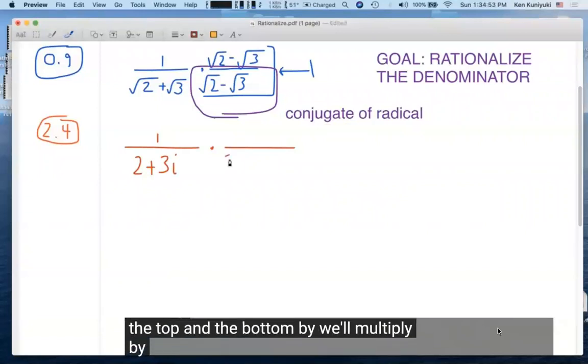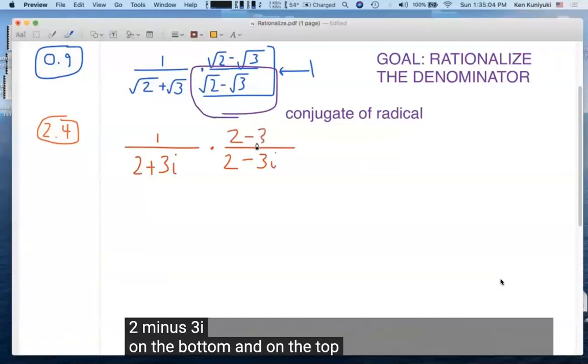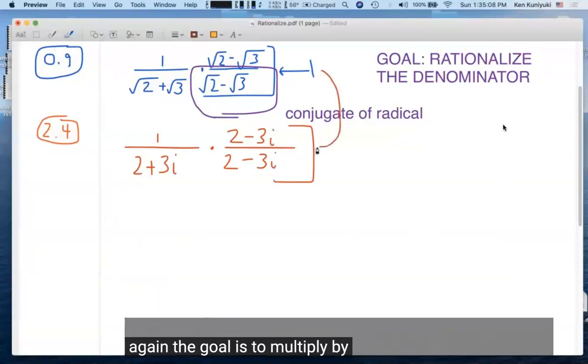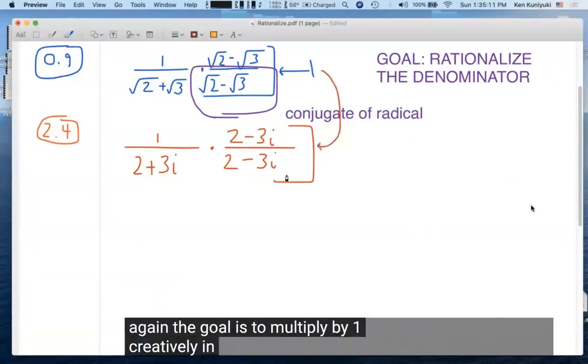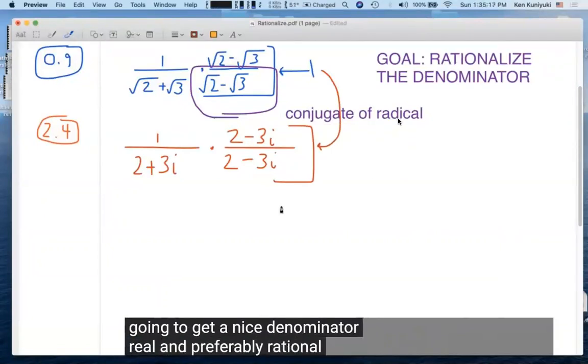We'd multiply by 2, and just like over here, we're going to flip the sign: 2 minus 3i on the bottom and on the top. Again, the goal is to multiply by 1 creatively in such a way that we're going to get a nice denominator. Real and preferably rational.